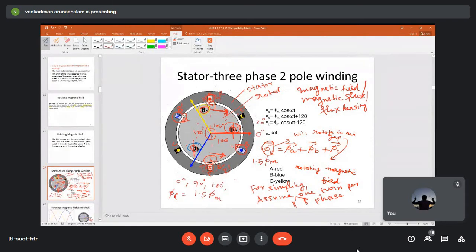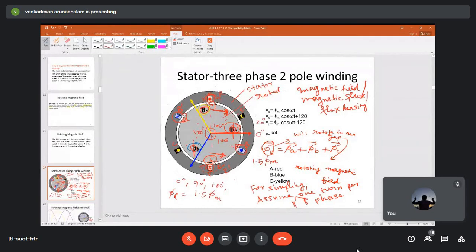For that, we have to take every instant, starting at 0 degree when omega t is equal to 0. Omega t is nothing but the angular rotation. Theta is nothing but omega into t. So when theta is equal to 0 degree, what is happening to the resultant? When theta is equal to 30 degree, what is happening to the resultant? When theta is equal to 40 degree, what is happening to the resultant?